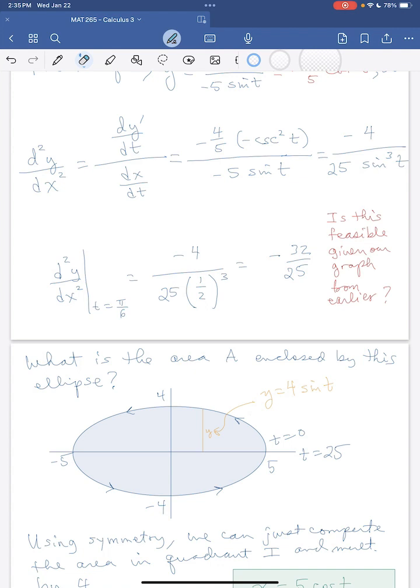We're going to integrate, so if we take a vertical slice, then the height of that vertical slice is y, and we're taking y directly from our parametric equations, so y is 4 sine t, and we're going to integrate as x goes from 0 to 5.